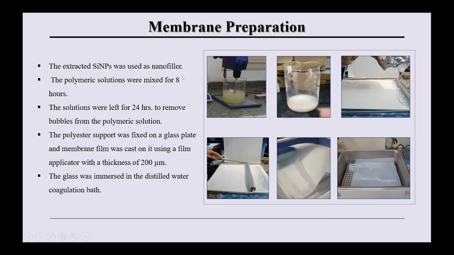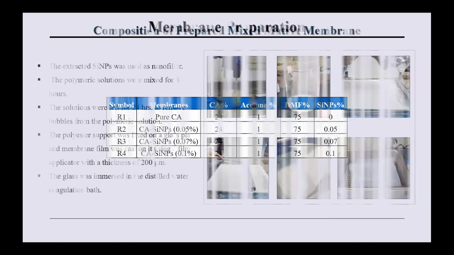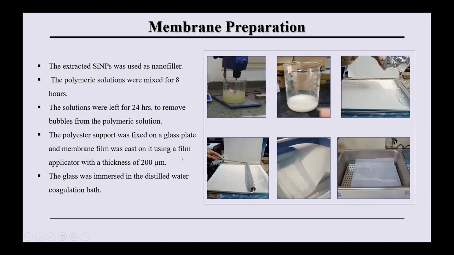We mixed it for 8 hours and left the solution for 24 hours in order to remove bubbles from the polymer solution. After that, we cast these solutions to obtain the membrane film.